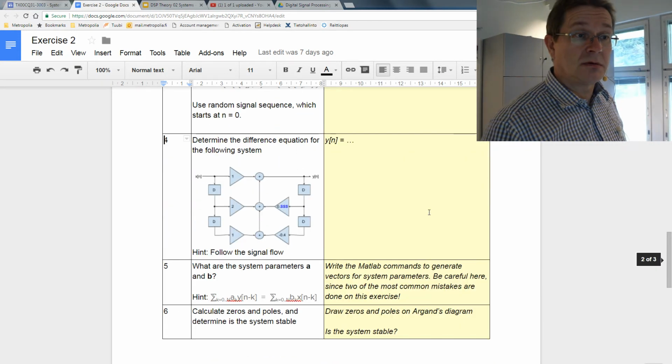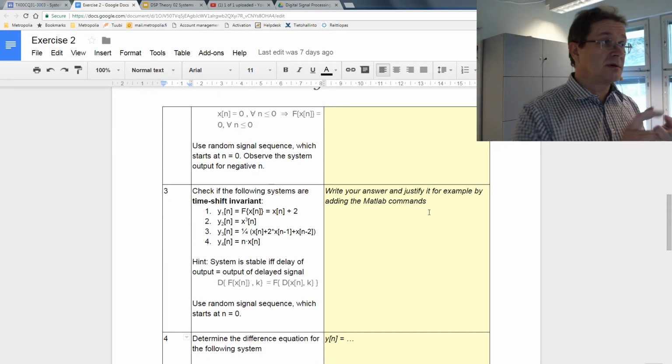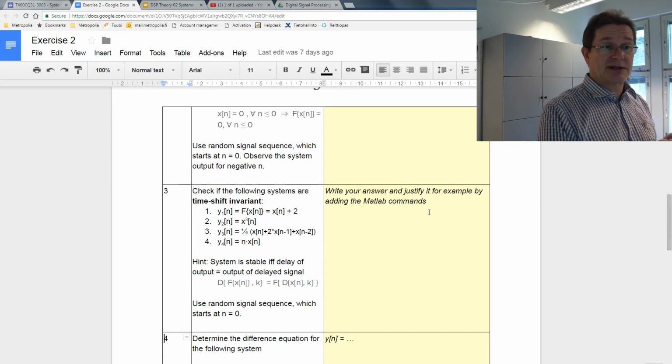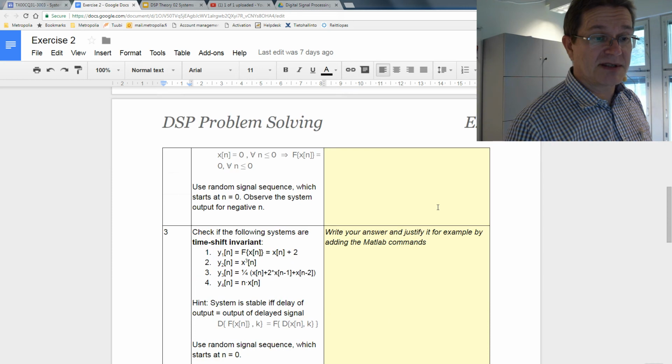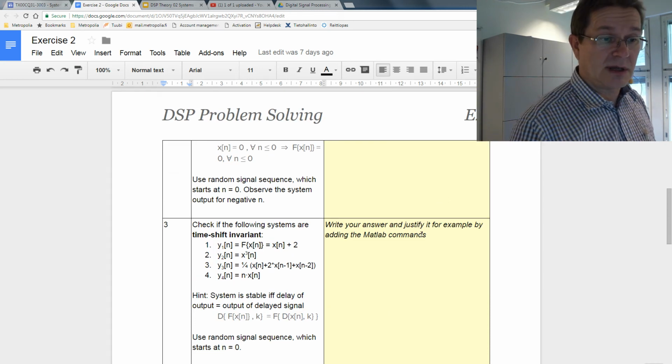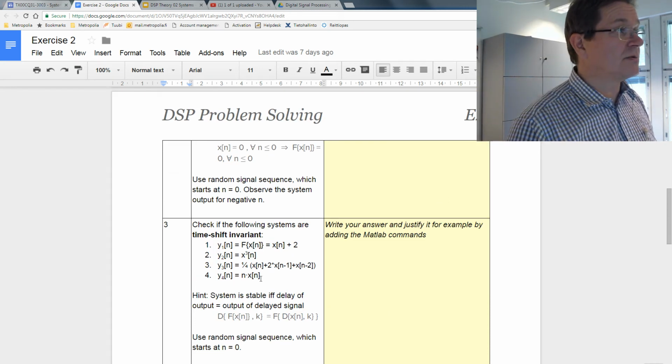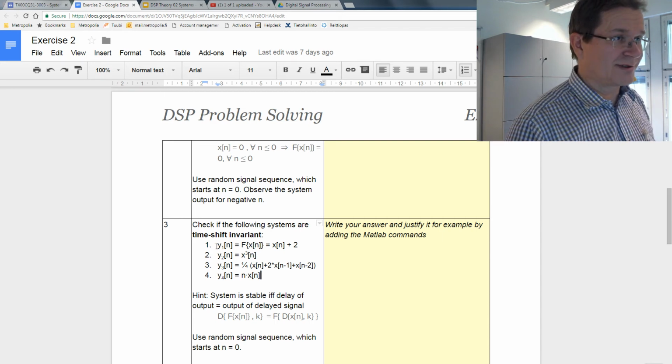So first three fundamental properties: linearity, causality, time shift invariance. My advice is actually that you generate some sort of functions you call from MATLAB to do the tests.